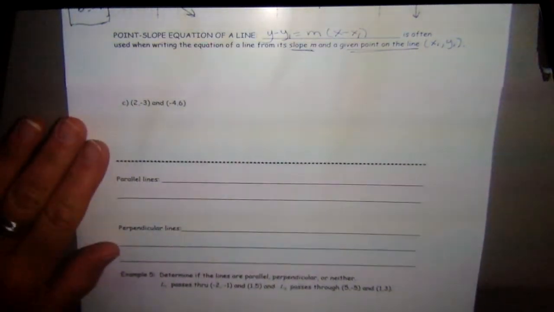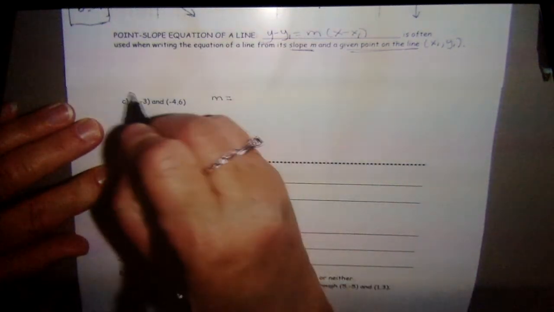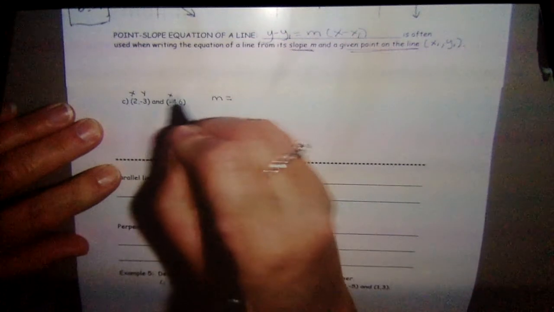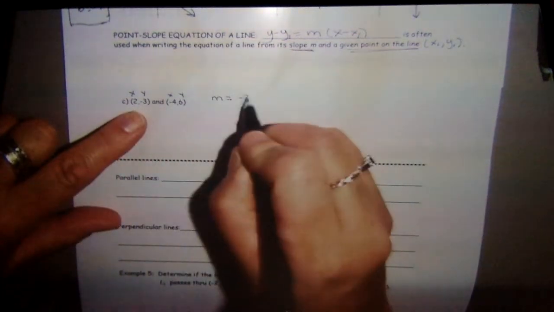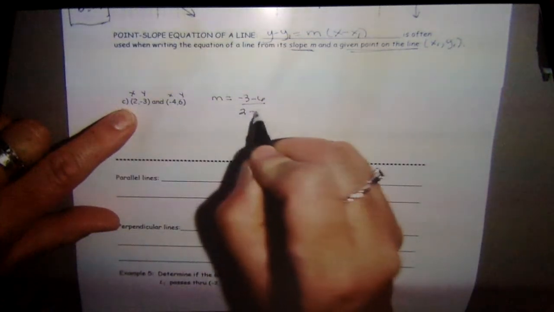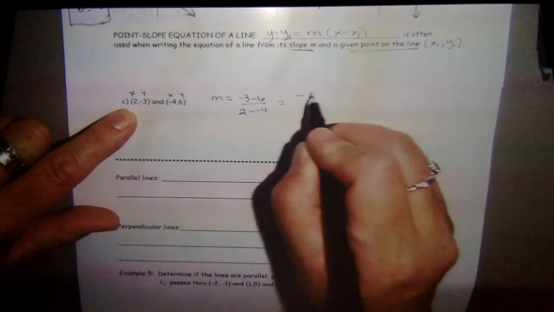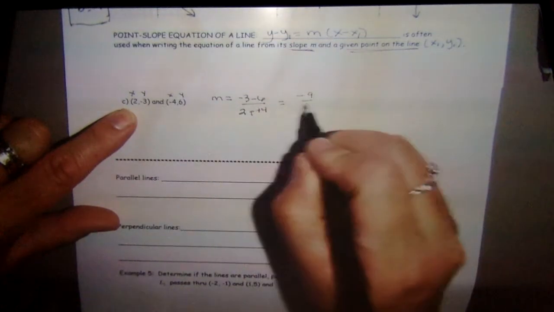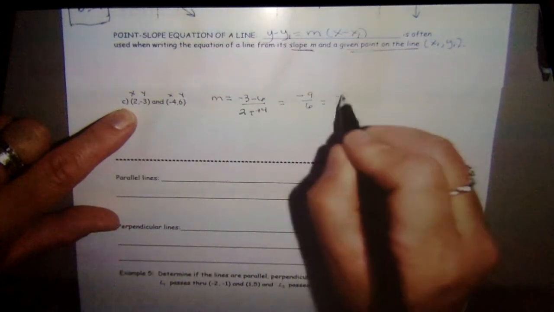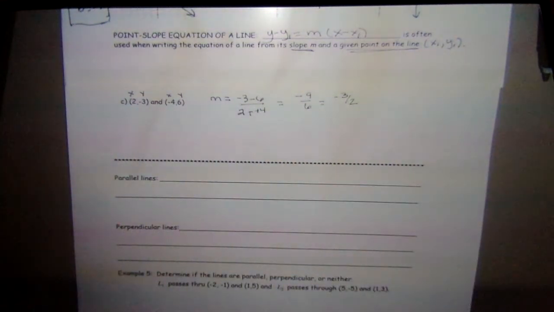What am I going to have to do with C? Find the slope first. So y's -3 minus 6 over x's, which is 2 minus a -4. So -9 over 6, which gives us a -3/2.